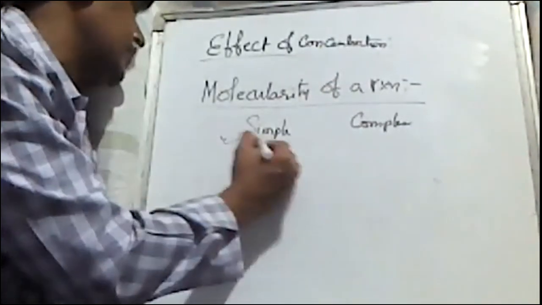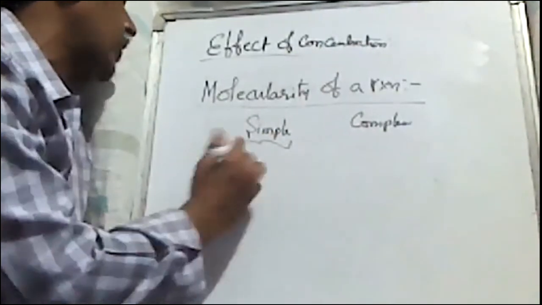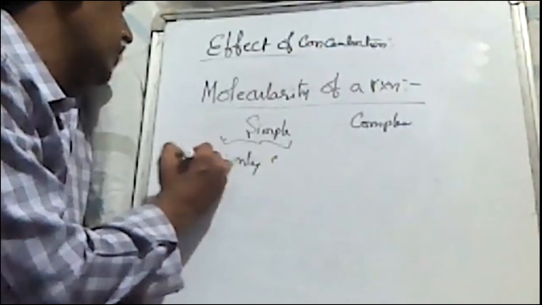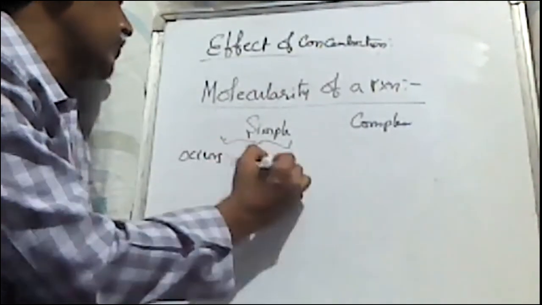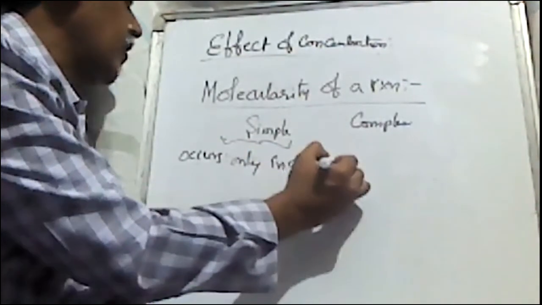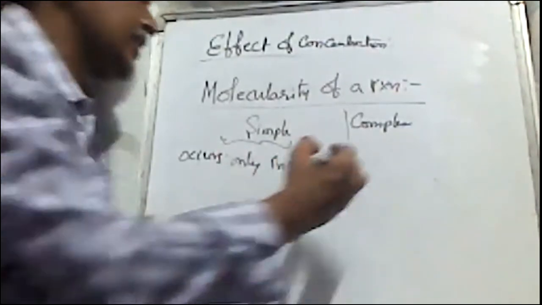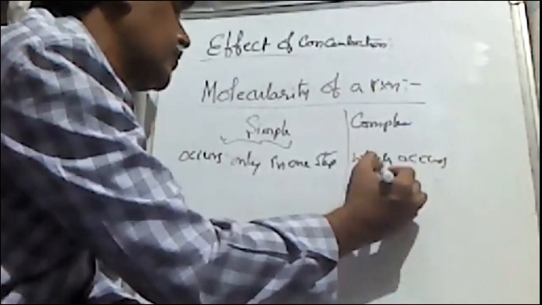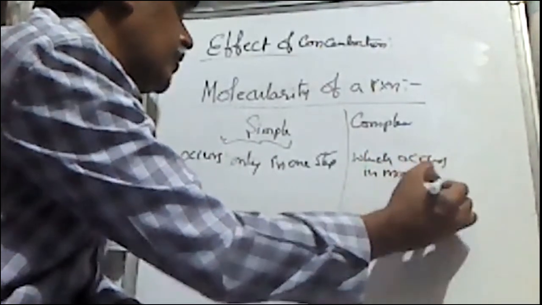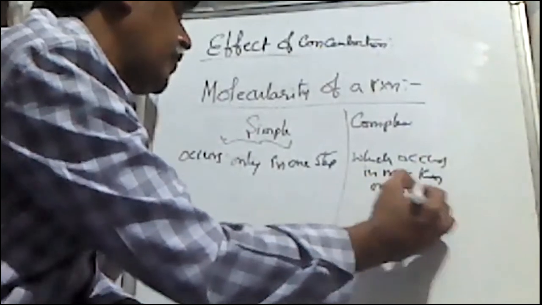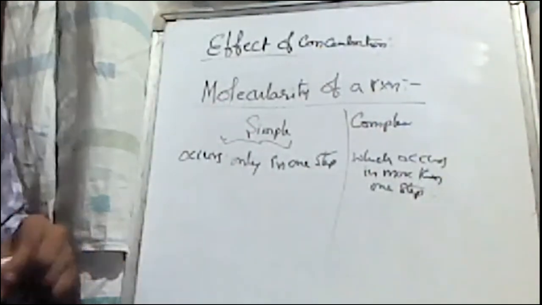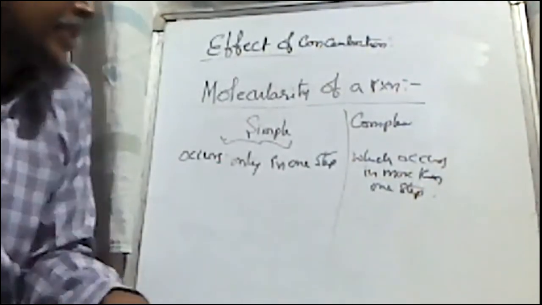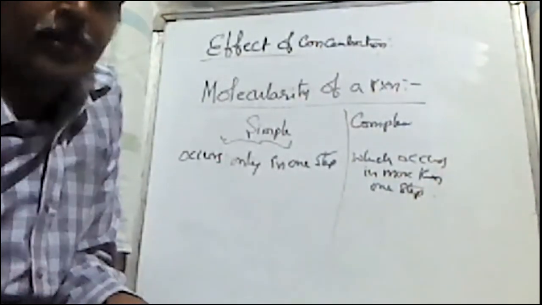Simple reactions means which occur in only one step. Whereas complex reactions means which occur in more than one step.